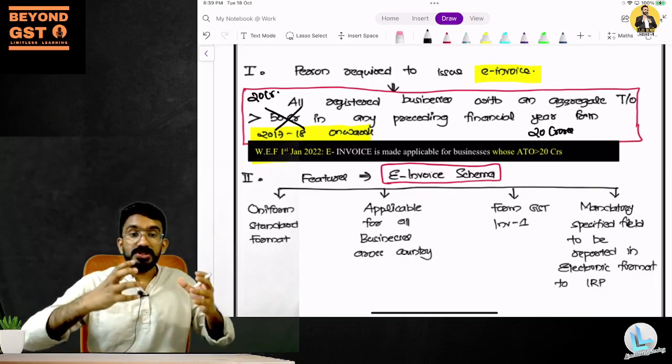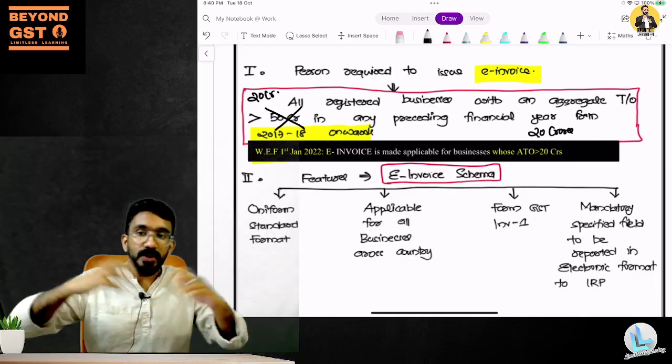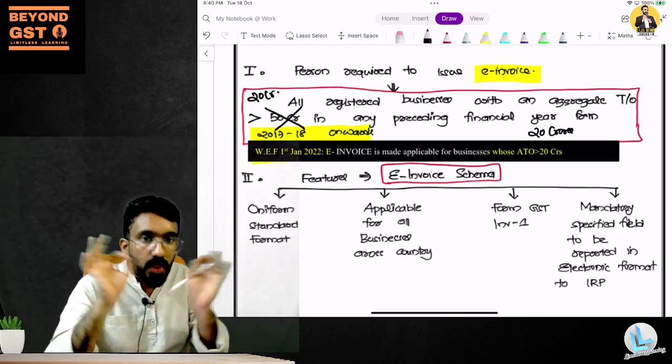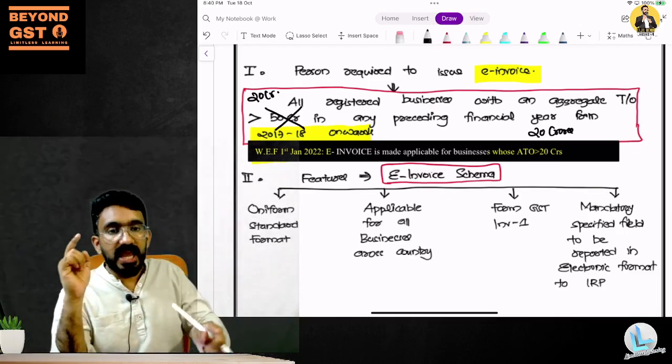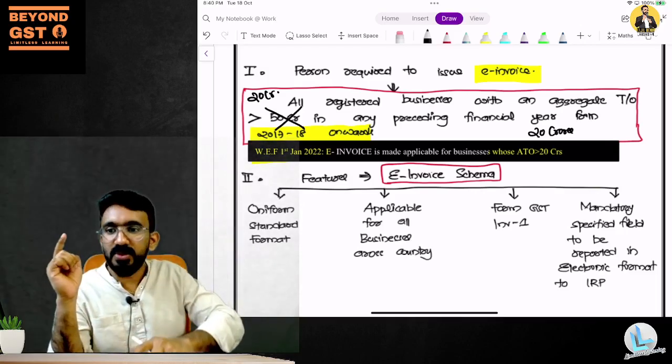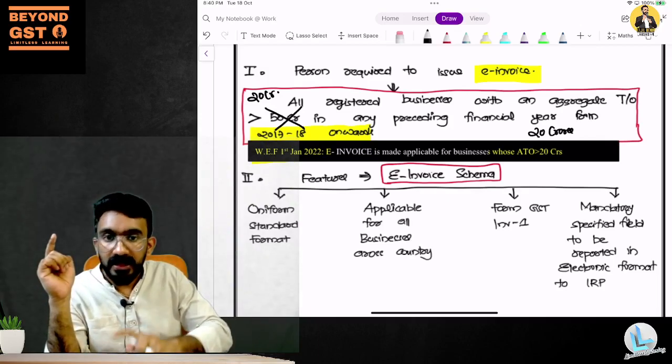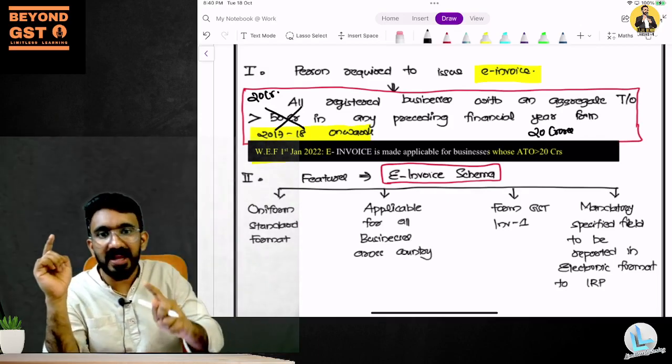Now the most important part here is, always we say in the last year if it exceeds 50 crores. No. In e-invoicing and dynamic QR code part, it is not talking about last year aggregate turnover.